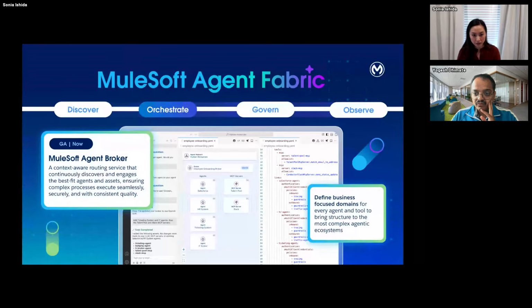It turns those scattered agents into a high-performing coordinated workforce. This is how complex multi-step processes can execute seamlessly behind the scenes. For our customers, this means that tasks are routed intelligently, redundant work is eliminated, and outcomes are delivered faster and more consistently without humans needing to manage all of these different handoffs.